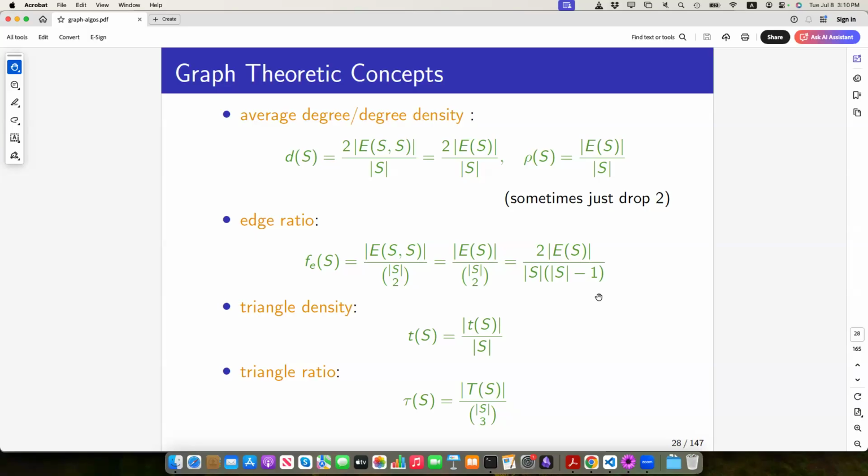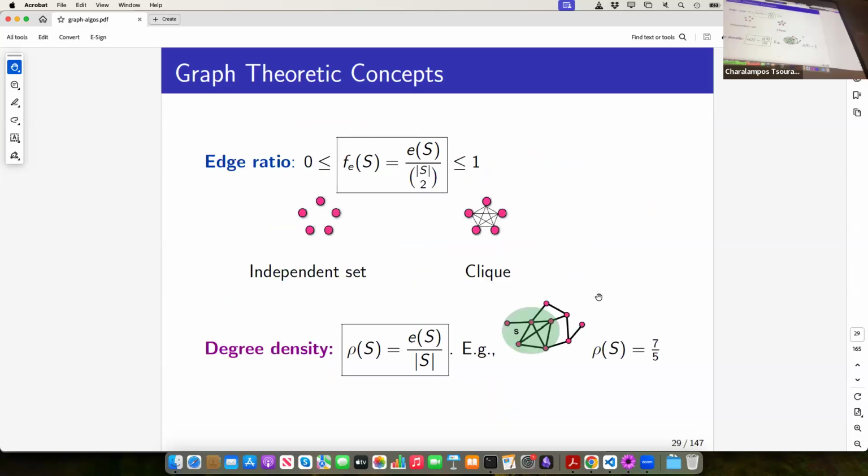You have 2 nodes and 1 edge. So you have 1 divided by 2 choose 2, so it's 1 by 1. So even a single edge maximizes this ratio. So optimizing this objective doesn't make sense. However, maximizing this makes sense. It's 0 if the set has no edges, which we call in graph theory an independent set, and 1 if it's a clique.